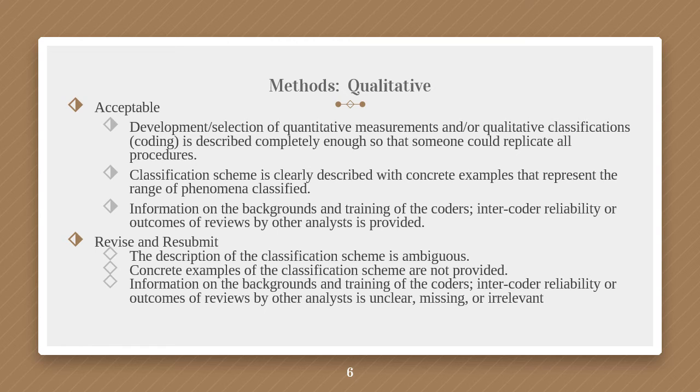You also want to be sure that the classification scheme is clearly described with concrete examples that represent the range of phenomena that are classified, and that information on the backgrounds and training of the coders, intercoder reliability, or outcomes of reviews by other analysts is provided.